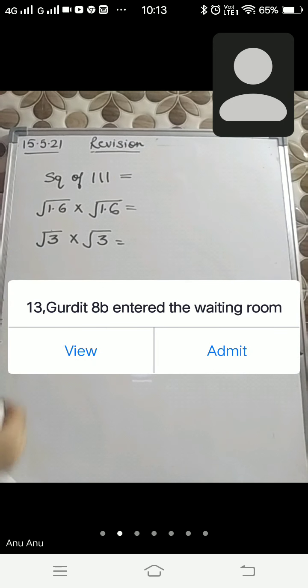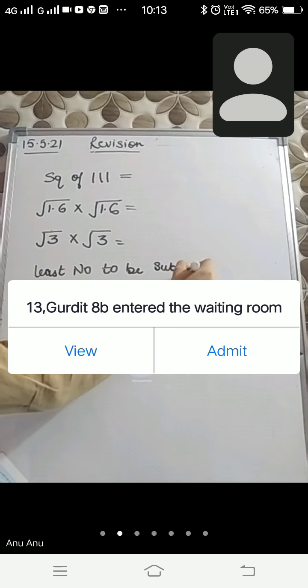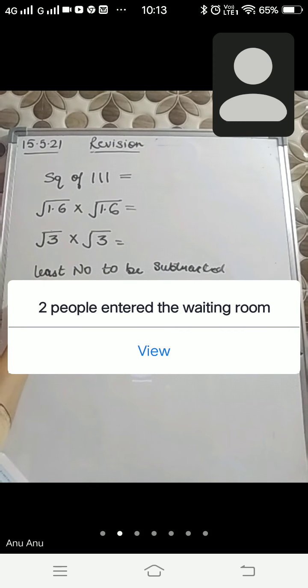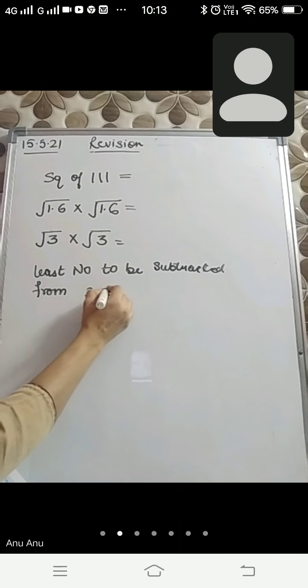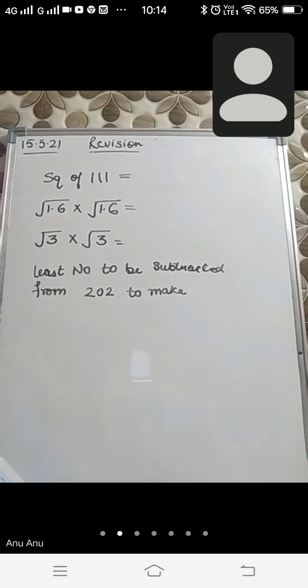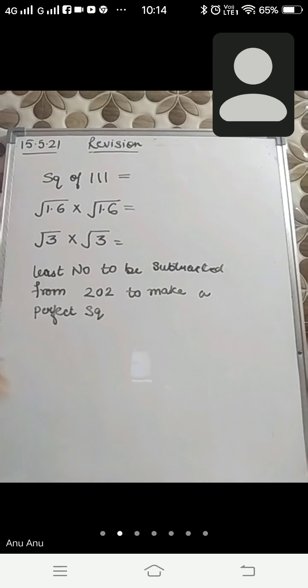Solve these. Square of 111. As you can see, 1 is repeating 3 times.